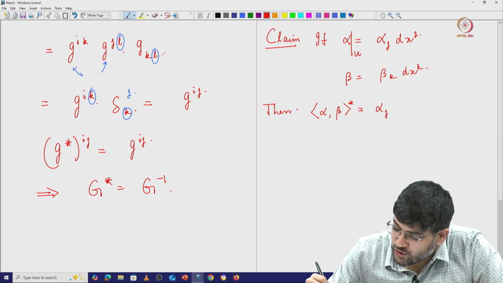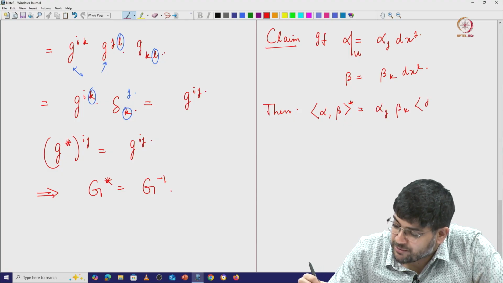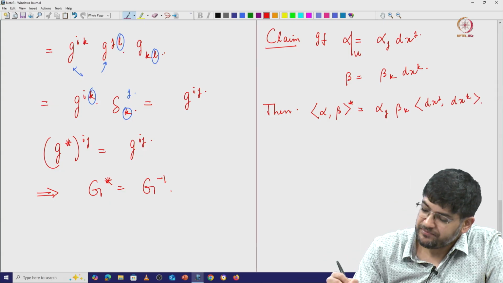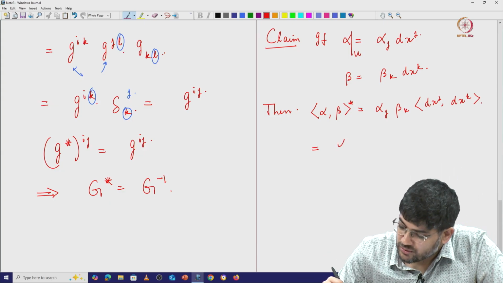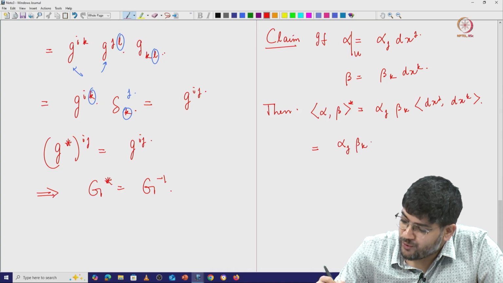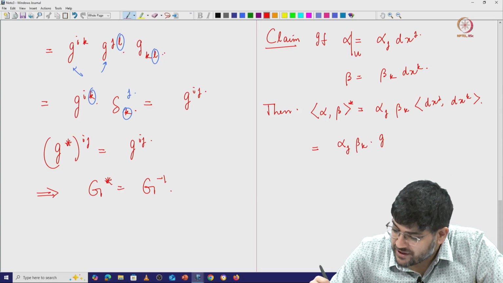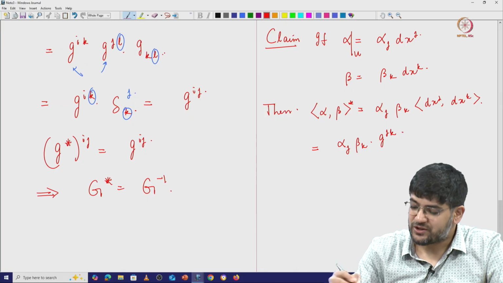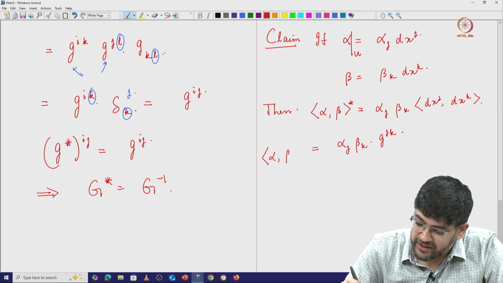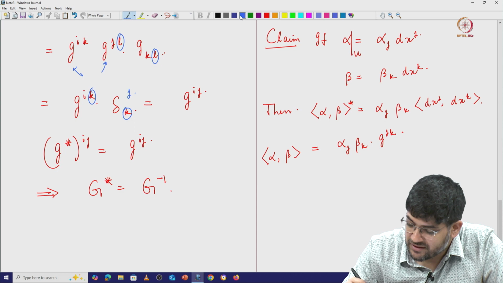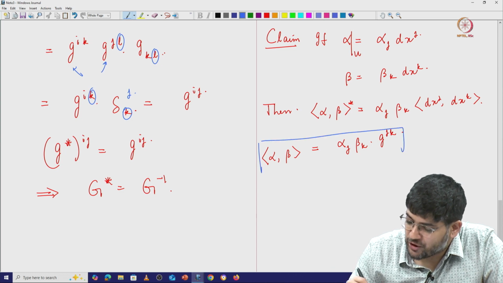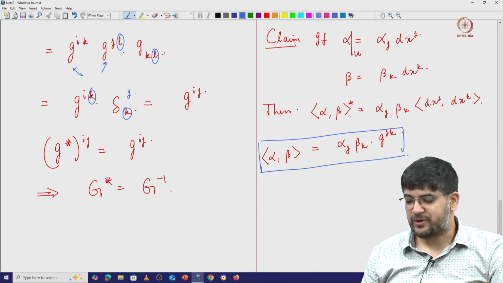Well, this is just going to be alpha j beta k times the inner product of dxj dxk, which by what we have just seen is simply this. Okay, so we get this nice formula for the inner product on the dual, the inner product of two forms.